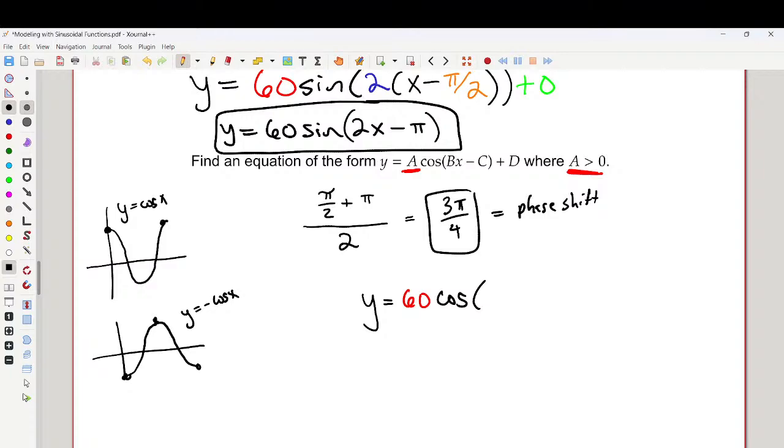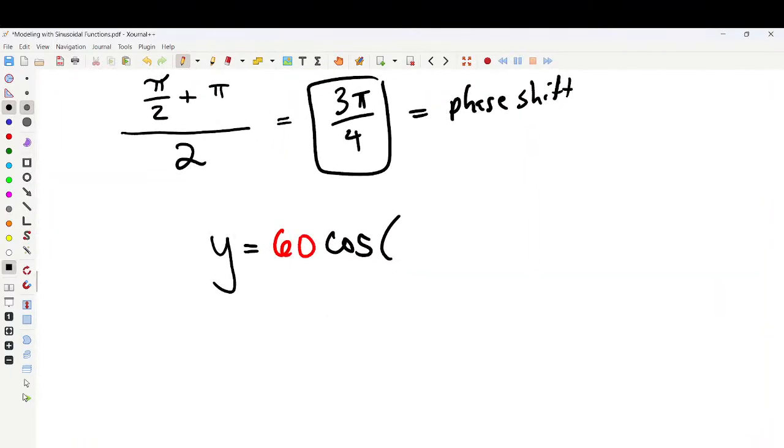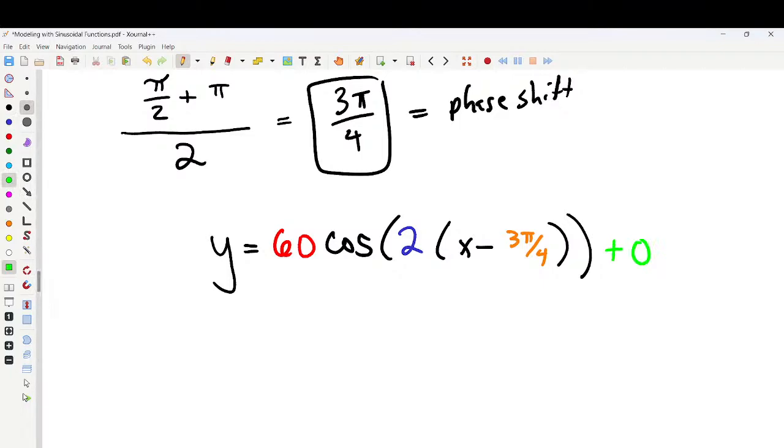So I'm just going to suggest we write what we know. 60 cosine, period. The B value is 2. Use another parentheses. X minus your phase shift. Plus 0, just for completeness.